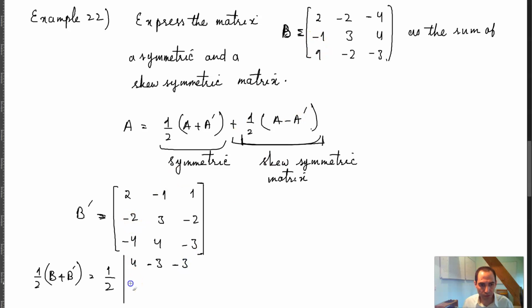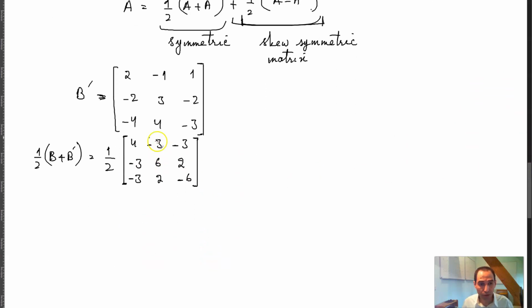Negative 1, negative 2 is equal to negative 3. 3 plus 3 is equal to 6. 4 minus 2 is equal to 2. 1 plus negative 4 is equal to negative 3. Negative 2 plus 4 is equal to 2, and negative 3 plus negative 3 is equal to negative 6. So that is the matrix 1/2 of B plus B prime.